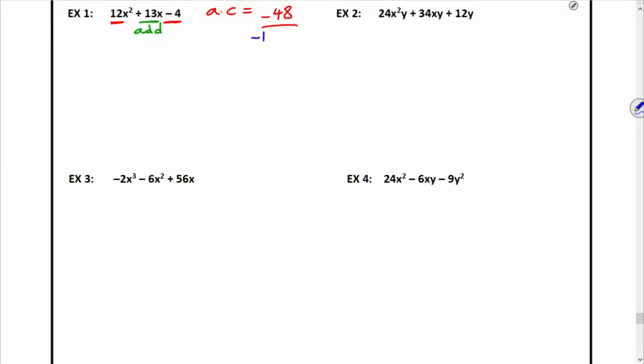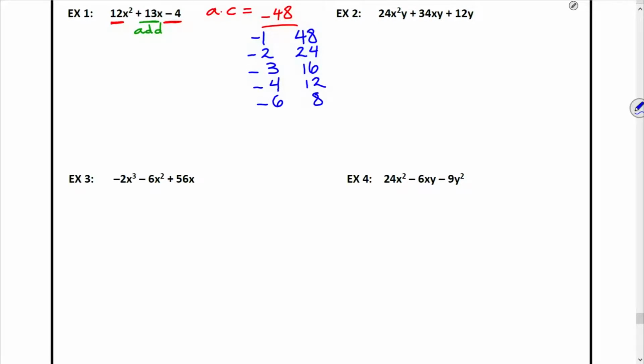I will have negative 1 and positive 48. I have negative 2 and 24. I have negative 3 and 16. I have negative 4 and 12, negative 6 and 8.